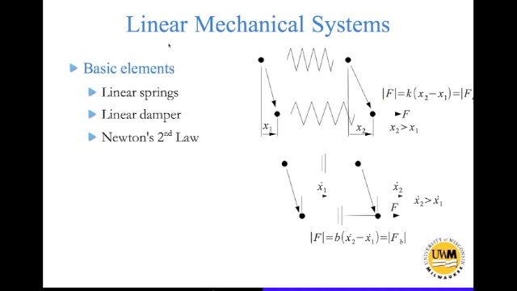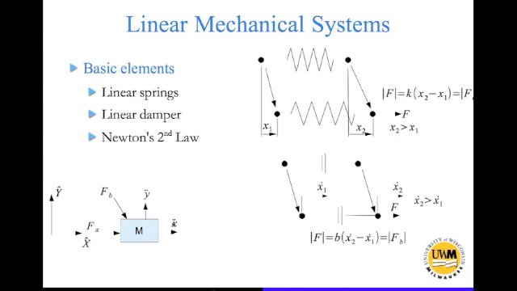Finally, we come to Newton's second law. Newton's second law relates the motion of a body to the forces that are applied. So let's say you have a mass m, and there are forces Fa and Fb acting on it, and due to these forces the mass accelerates in the x direction by x double dot.